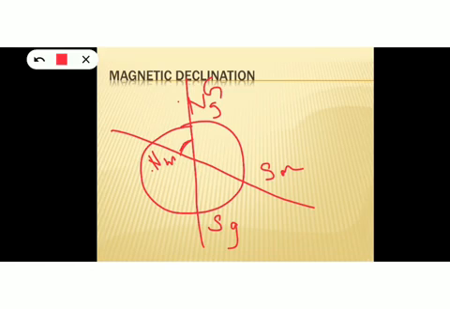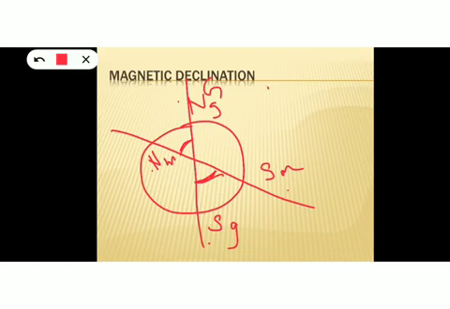Here also this same angle is there between the geographic south and magnetic south. So this angle is also magnetic declination. And this magnetic declination will be greater at high latitudes. High latitudes means at the poles.